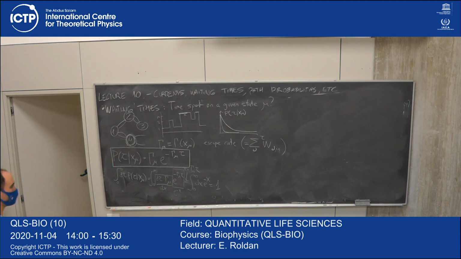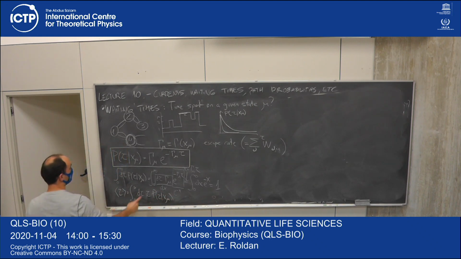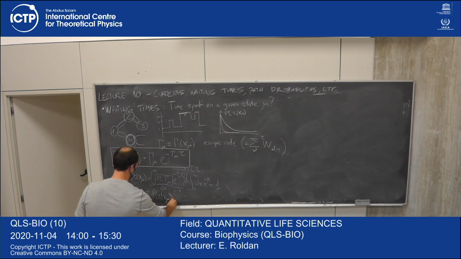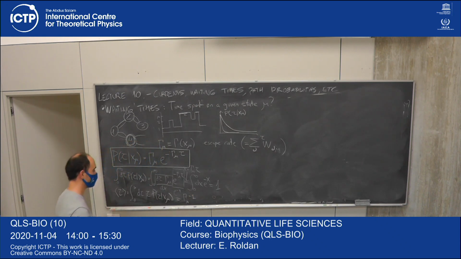Fine. So it's a normalized distribution, and the average, you can also do the calculation of the average, is the integral from 0 to infinity d tau tau p of tau given x mu. You put again this formula, and you can convince yourself this is just gamma mu to the minus 1. Okay, easy.